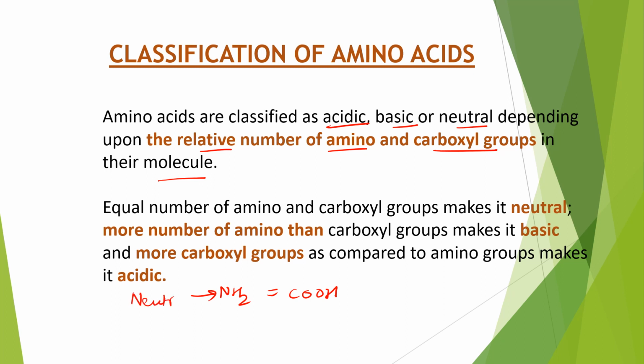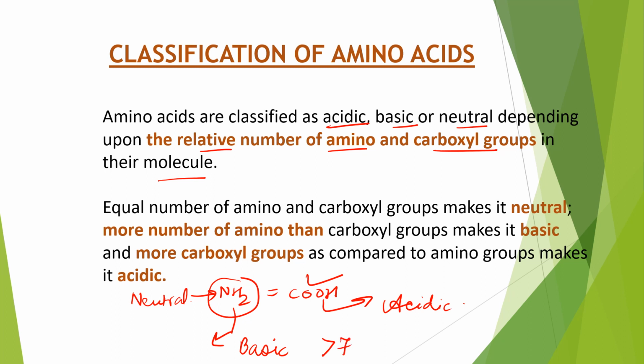That is, its pH is equal to 7. But if COOH is greater in number than NH2 group, then the amino acid will become acidic. And if the NH2 number is high, then the amino acid will become basic in nature. That is, pH becomes greater than 7.